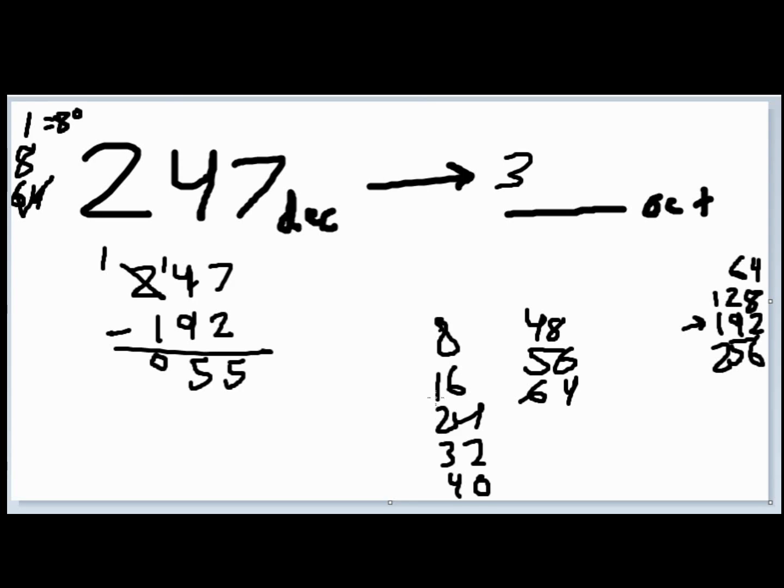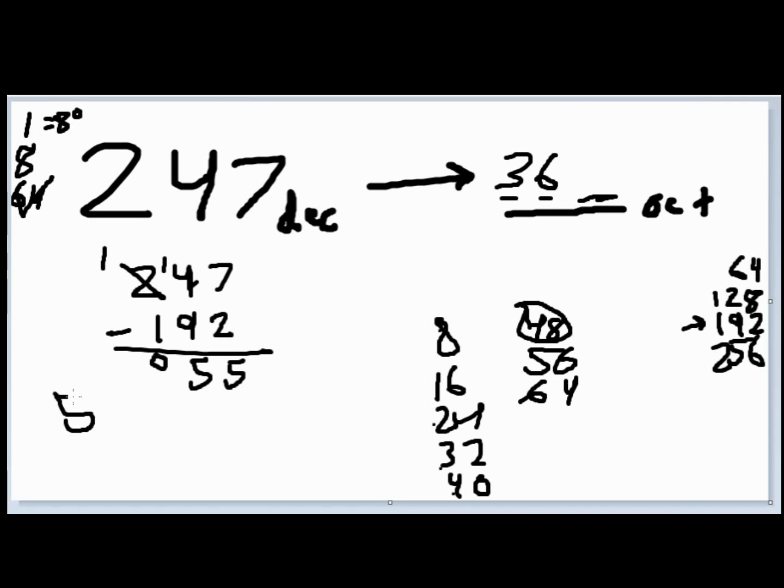I'd go 1, 2, 3, 4, 5, 6. 48 is the biggest multiple of 8 that fits into 55. And that's 6 8s. So it's 3, 6, and then there's one more space to get, the ones place.